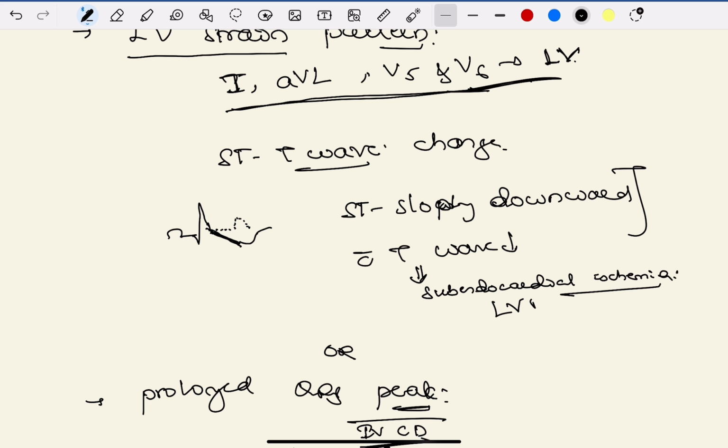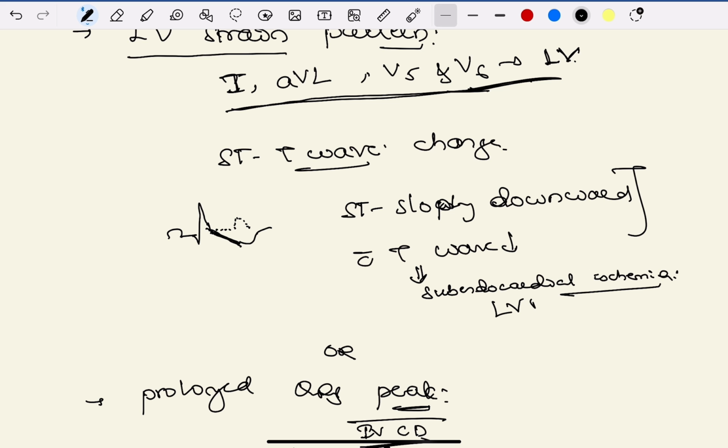The endocardium, obviously in a normal heart also, is the last one to get blood supply. In hypertrophy, because of contraction and because of hypertrophy, your subendocardium gets less blood, so there will be subendocardial ischemia, that is represented as the strain pattern in ECG.